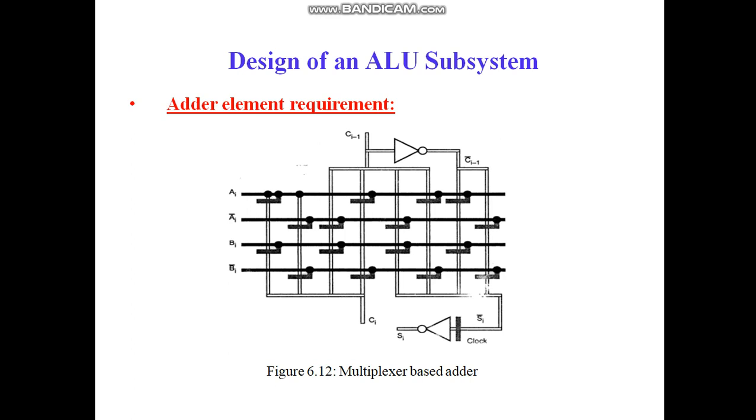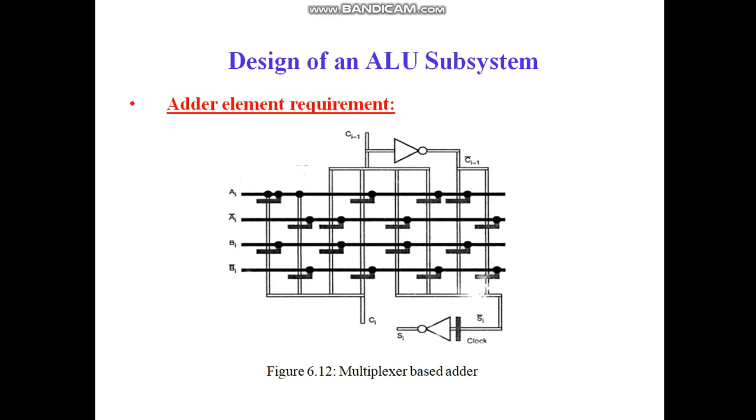Let us look into the stick diagram now. Here the same thing is being redrawn. We know that when a diffusion layer crosses a polysilicon layer, then a transistor is formed. Here the expressions for sum as well as carry are both shown. How many transistors do we use for the CK expression? 1, 2, 3, 4, 5, 6, 7, 8.